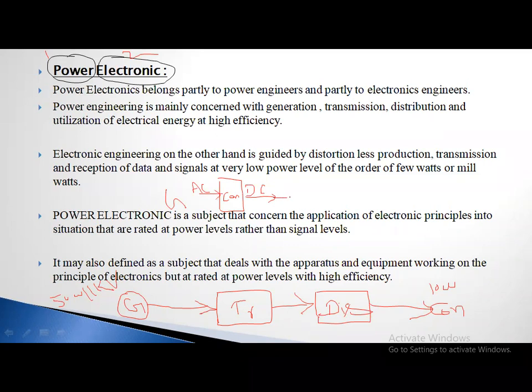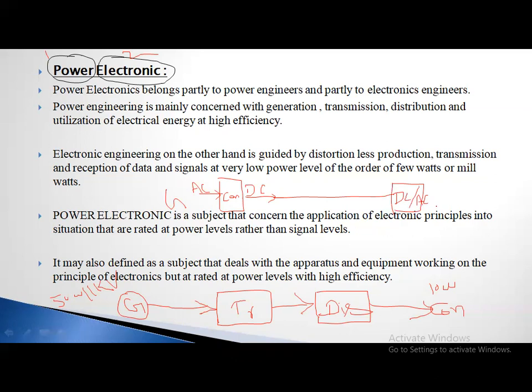Then this DC is transferred over long distances. At the consumer side, that is, at the distribution side or substation side, we again convert DC to AC, because all the residential applications run on AC.